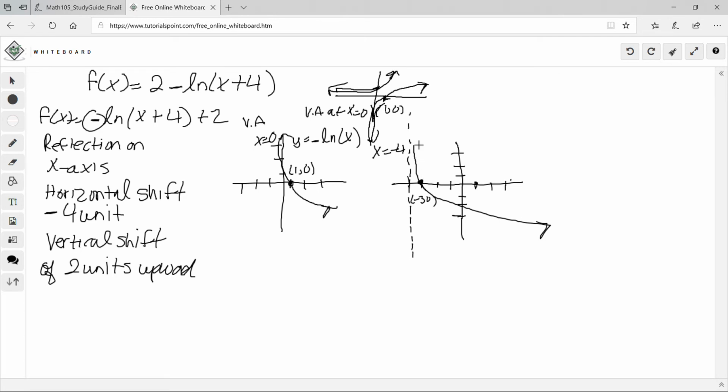So it's going to look something like this. Never crosses the vertical asymptote. So this says y equals negative ln of x plus 4. Now we could do the shift, which is our final graph. So we're going to move this 2 units upwards.